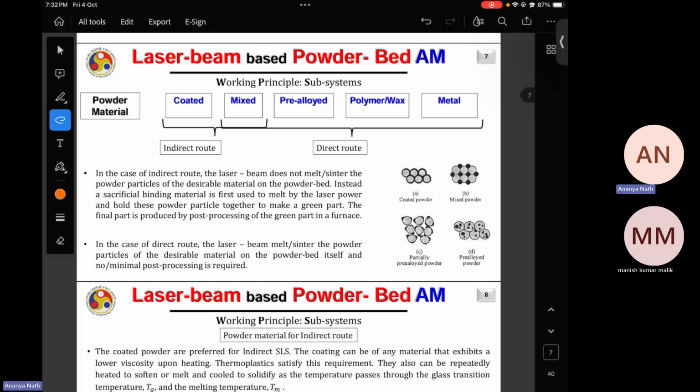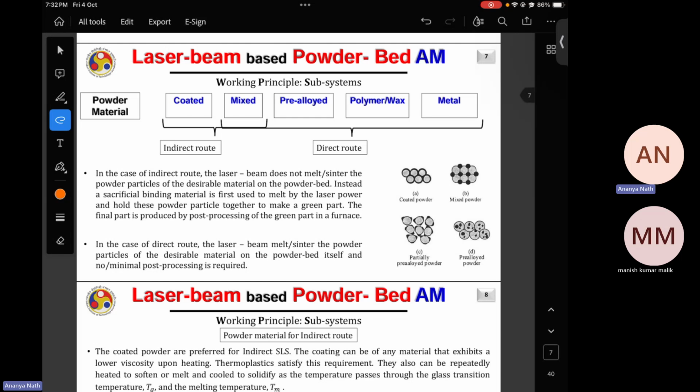Indirect means when you are not directly putting the energy onto your powder, you are basically having the powders with coated material. So you are now putting the energy on the powder bed.